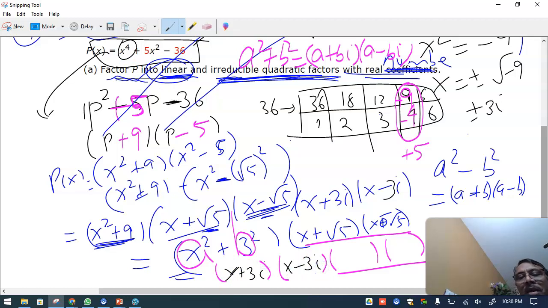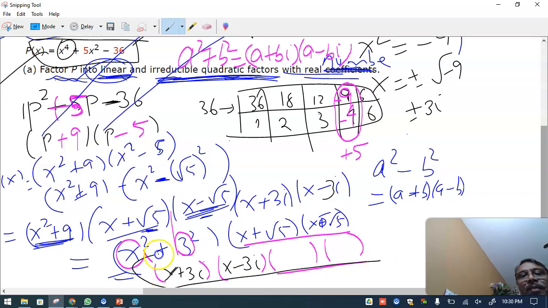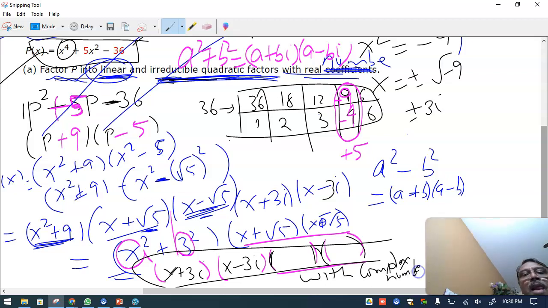So this is called the complete factorization. This is all factors with complex numbers, so you're using complex numbers to factorize. The first part is without complex numbers.